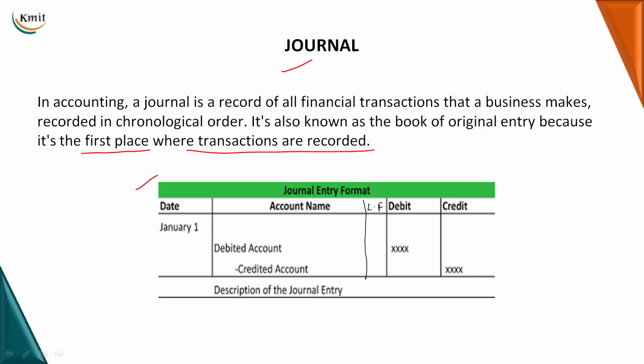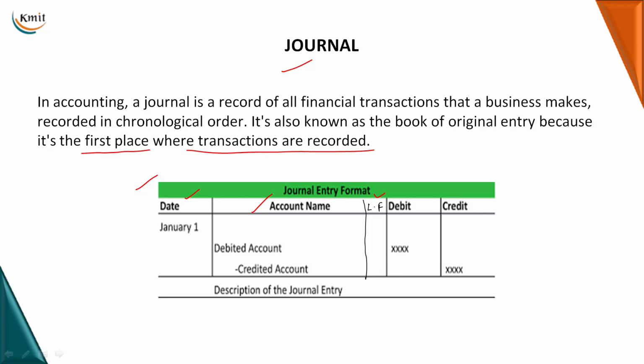That is 5 columns. The first column will be the date, or the details of the serial number of the transactions are displayed here. Account name or the particulars of that particular account will be displayed in the next column, and a small column representing the ledger folio column is there.